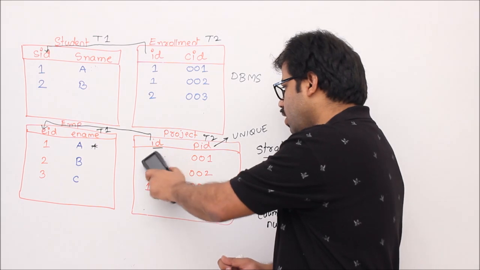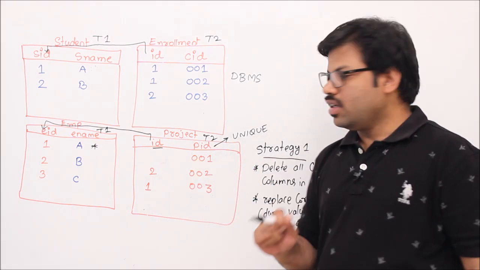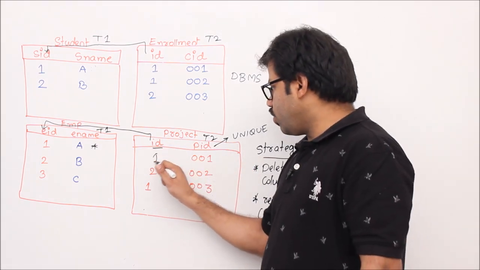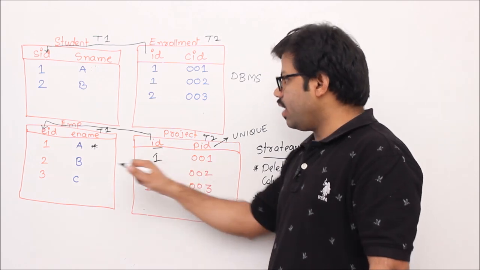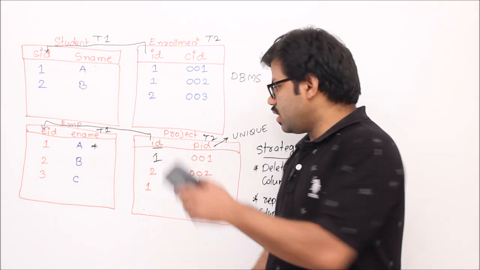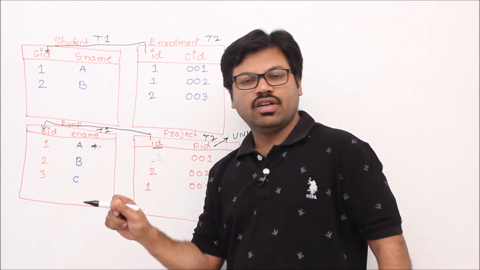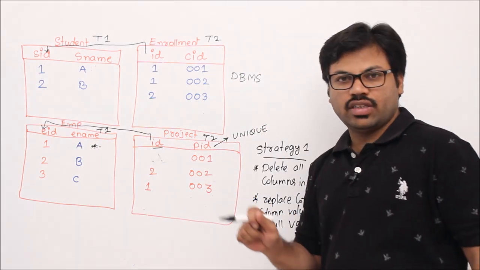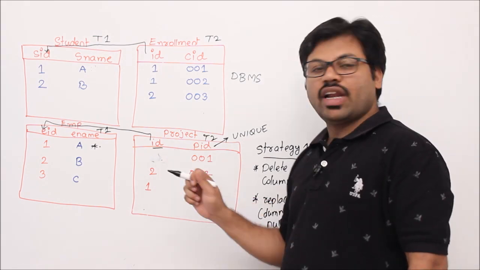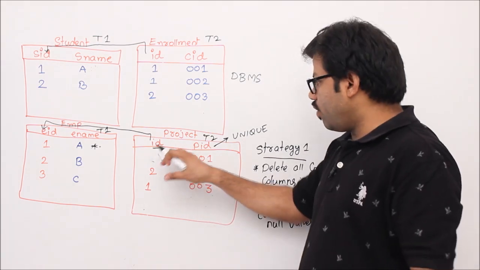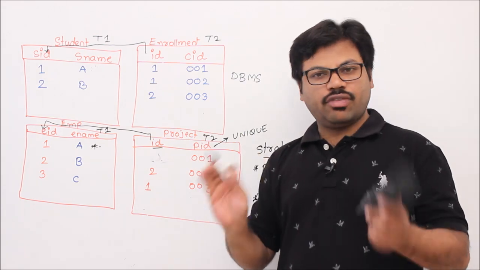Here also it's the same thing. If these projects are really important, say this 001 project was handled by employee number 1, and suddenly he leaves the company, meaning you are deleting the data from T1, then we should do one thing: we should take someone as a default. That means this project table should have some default person.